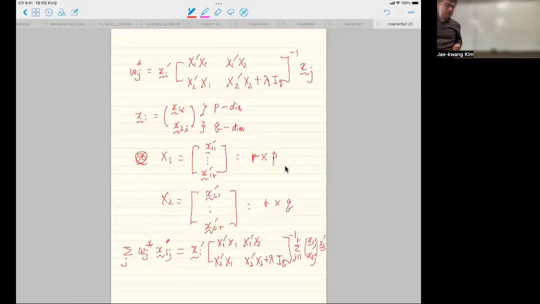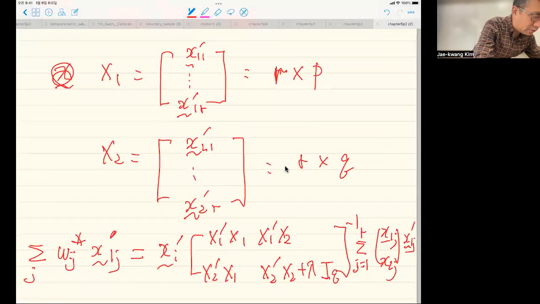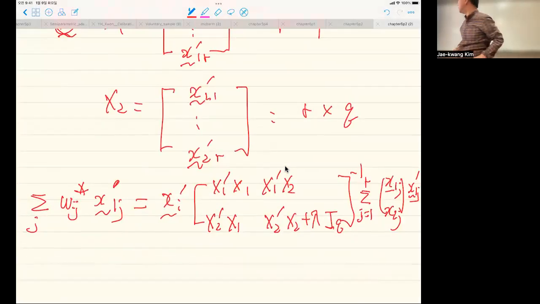So this is too small, but I can always. Okay, so this one is here, and the whole thing is a weight times summation.